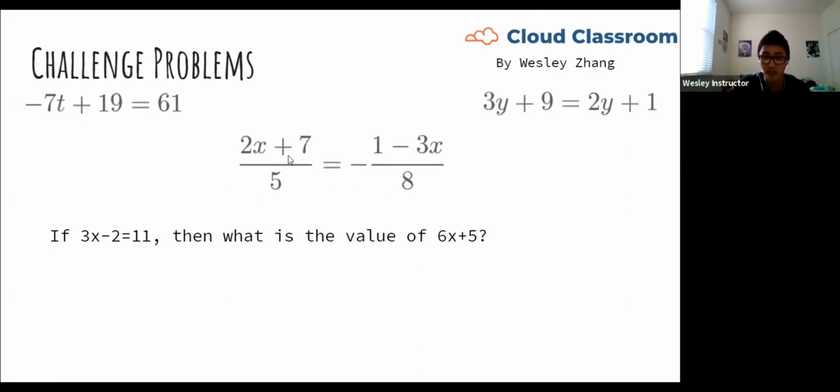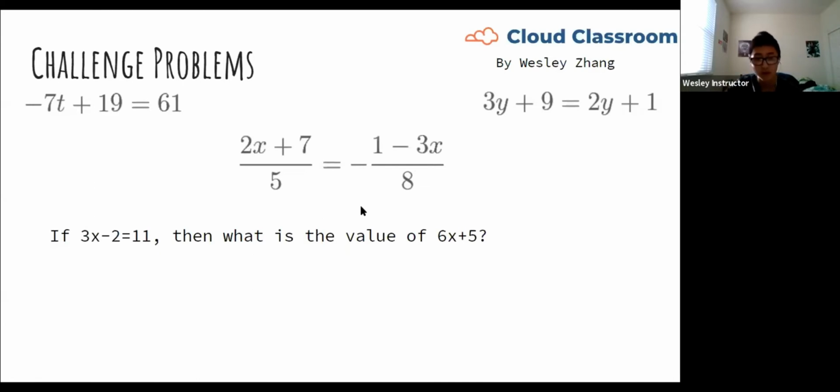After you do that, the 5 and the 8 go away, and you should get 8 times parentheses 2x plus 7 equals negative 5 times parentheses 1 minus 3x, and it's negative 5 because of this negative sign right here. Then you multiply those numbers into the parentheses, and you get 16x plus 56 equals negative 5 plus 15x.